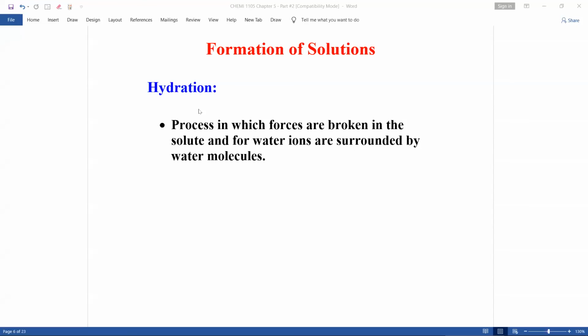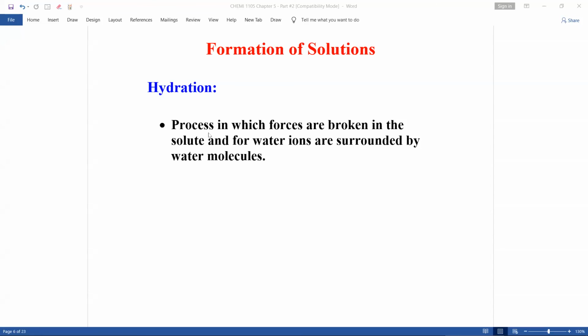They're not a covalent bond, but they're a force to be reckoned with. Ooh, that's a fancy term. And hydration, which is how you dissolve things in water, is the process in which forces are broken in the solvent. Also, if I put in solid sugar or salt, there are forces between the molecules that form a solid.